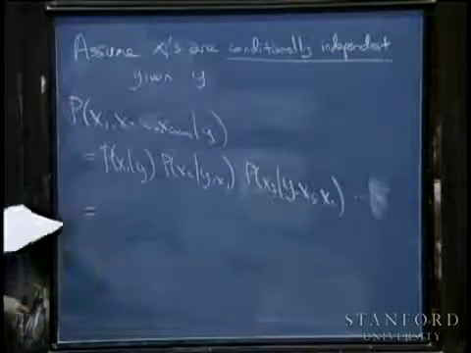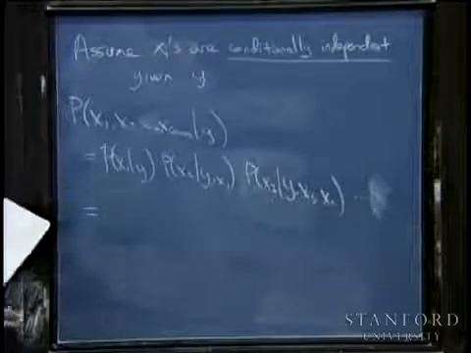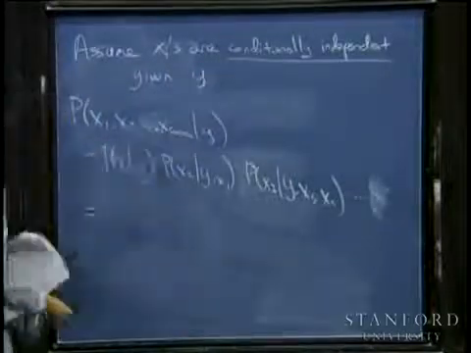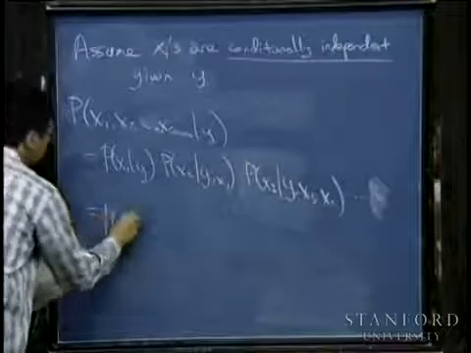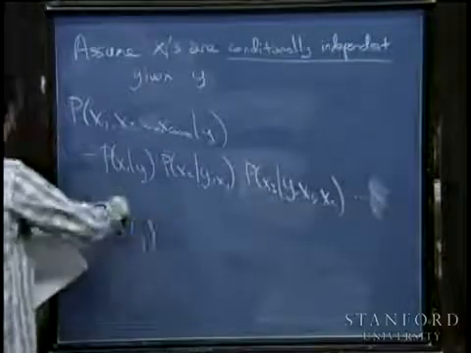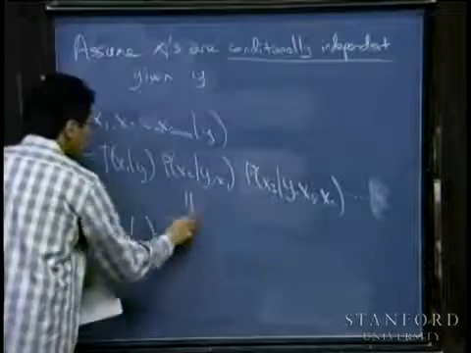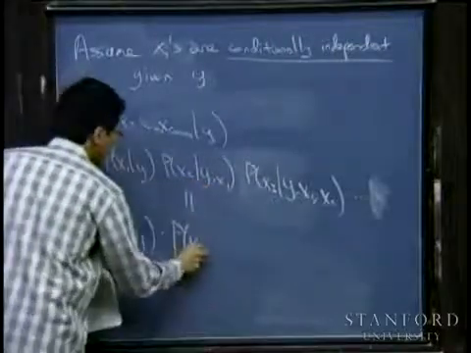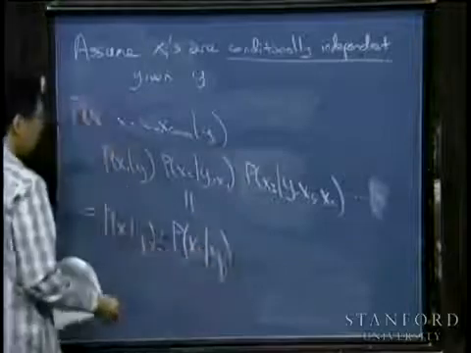And now, I'm going to make what's called the naive Bayes assumption, or this assumption that the xi's are conditionally independent given y. I'm going to assume that, well, nothing changes for the first term. But I'm going to assume that p of x2 given y comma x1 is equal to p of x2 given y.